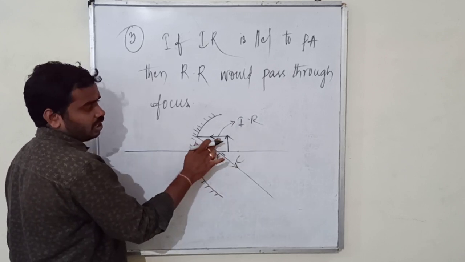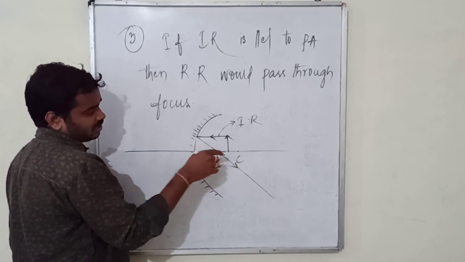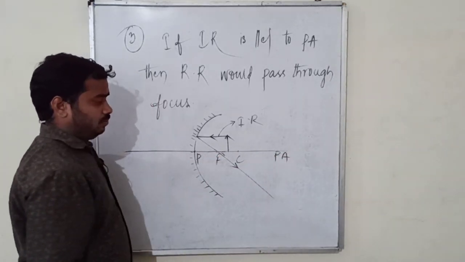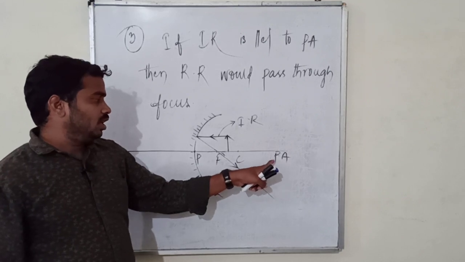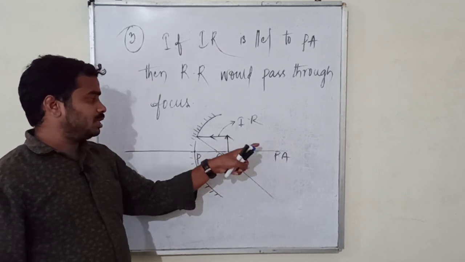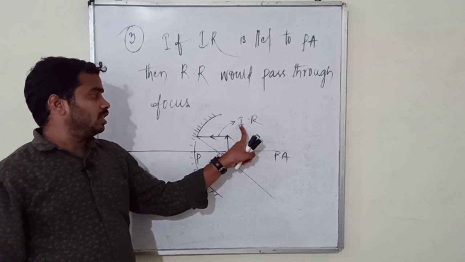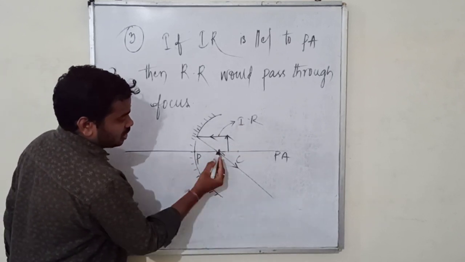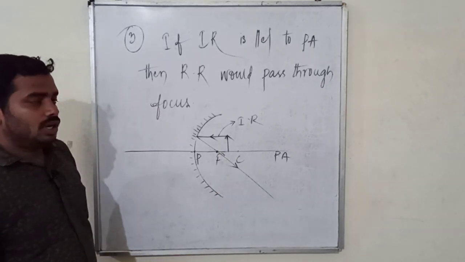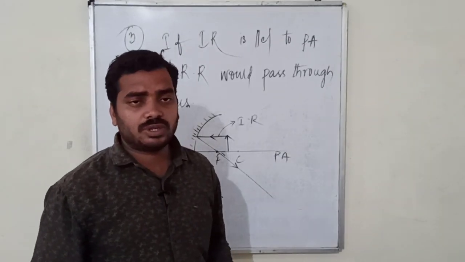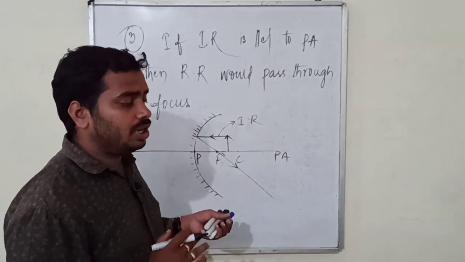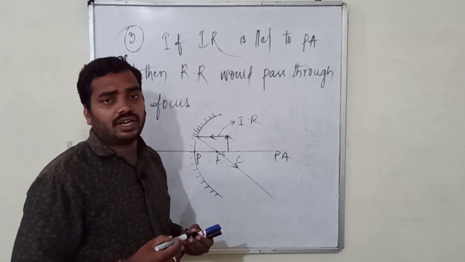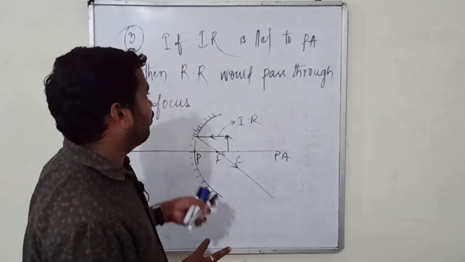This is the incident ray which is parallel to the principal axis. This axis which I have drawn is the principal axis. So the incident ray is parallel to this principal axis. Then the reflected ray is passing through focus. Remember, the statement must be memorized, or the condition must be remembered, so that it can be used while drawing the ray diagrams.